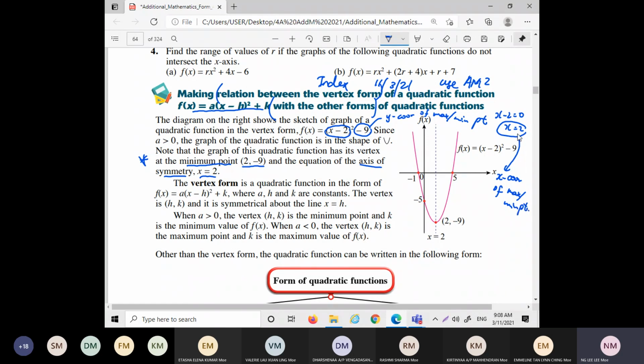Therefore you see (2, -9). In this shape, a smiling face, it is a minimum point. Therefore for the axis of symmetry, we take the x coordinate of the minimum or maximum point: x equals 2. This one will be the axis of symmetry.